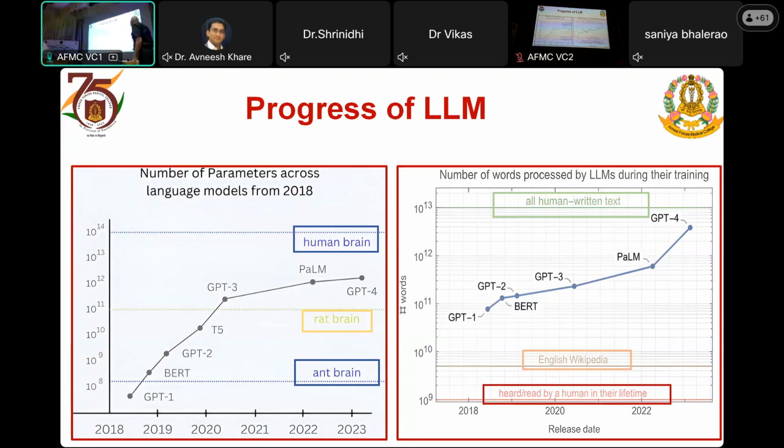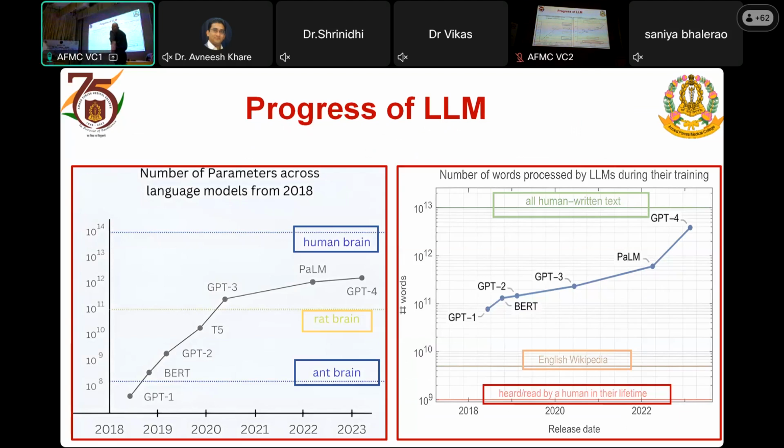Let's say this 10 to the power 9 is the number of words which any individual would read or hear or see in his lifetime. The format may change. I used to read with books. My students read on the tablet, but ultimately it's words or figures. मैंने भी इतनी देखे होंगे, मेरे स्टूडेंट भी इतनी देख रहे हैं. Time is the same, only 24 hours, it's not increased, right?